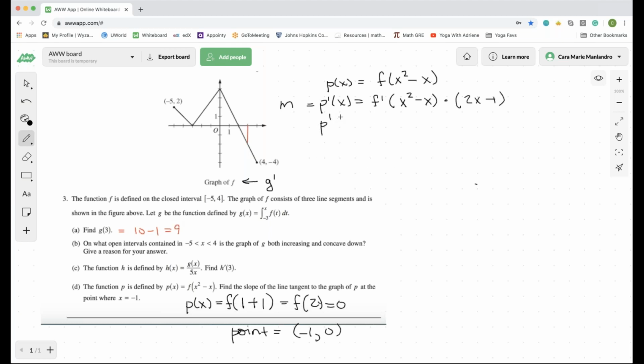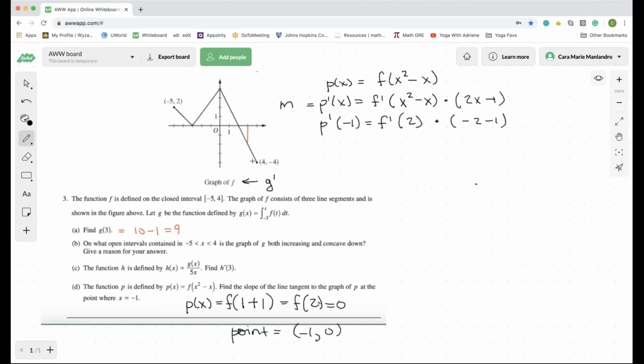All right, so then p prime of -1 would be f prime of 2, again, times -2 minus 1.